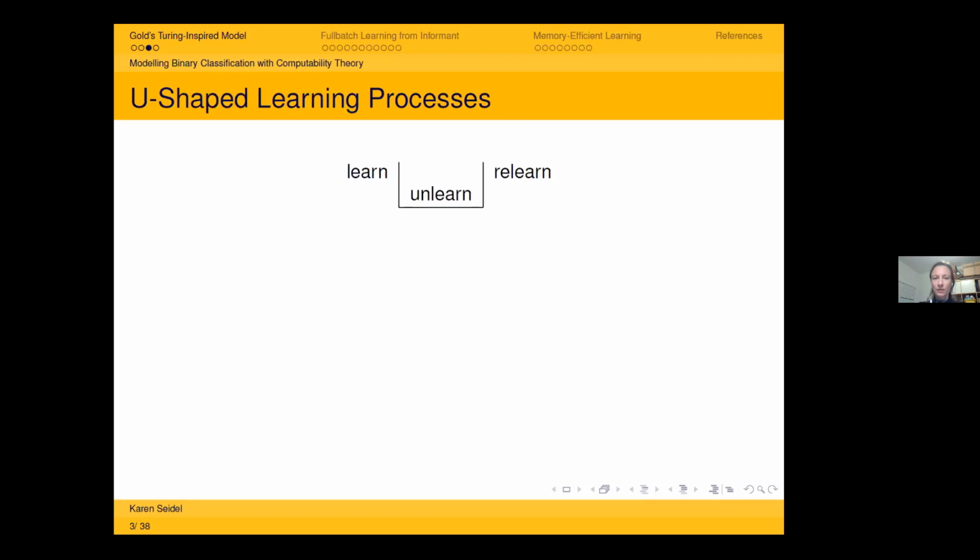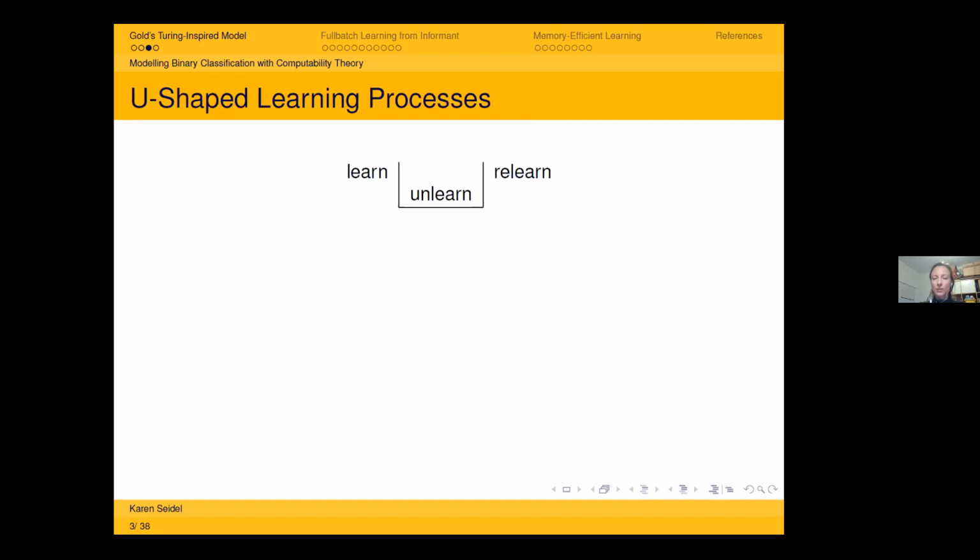There are many properties that one can pose as additional properties. The one I talked about on the last slide was conservativeness. Another one that is related and originates in cognitive science research on the learning behavior of children, for example, when learning languages or mathematical concepts, is the so-called U-shaped learning.